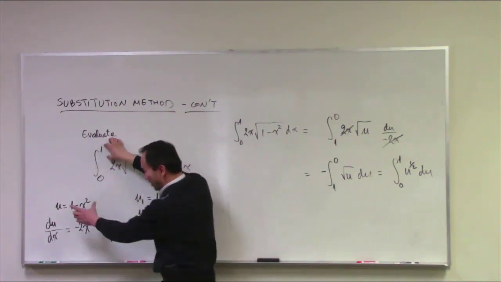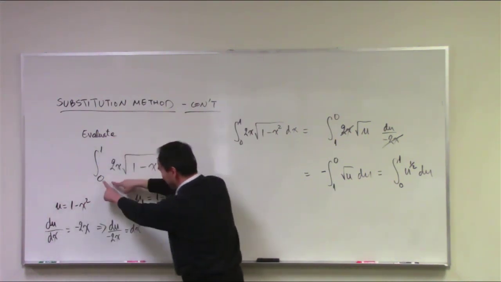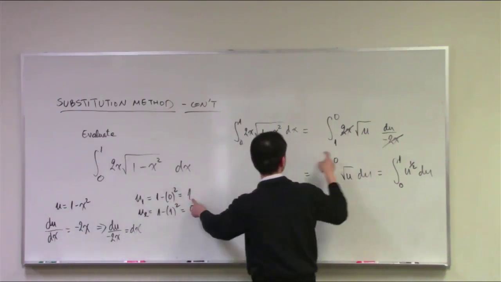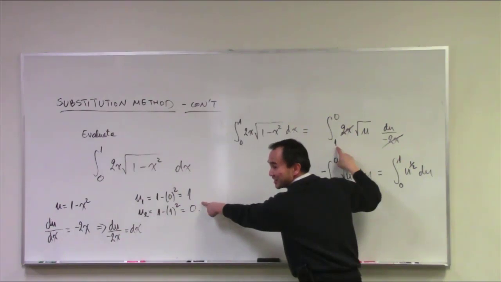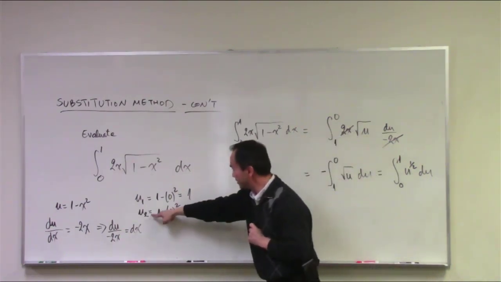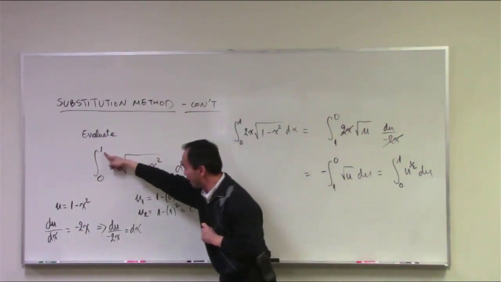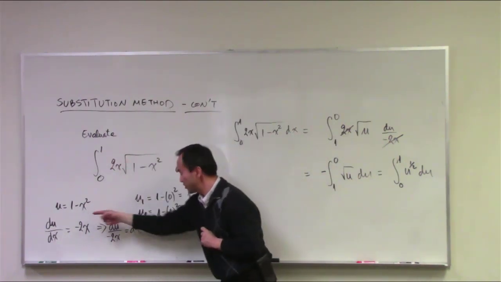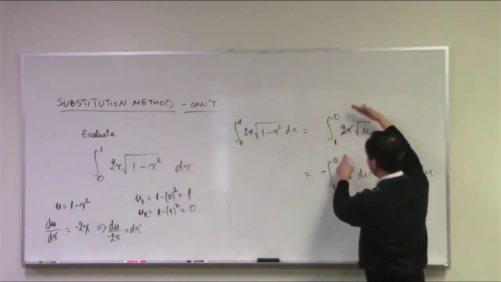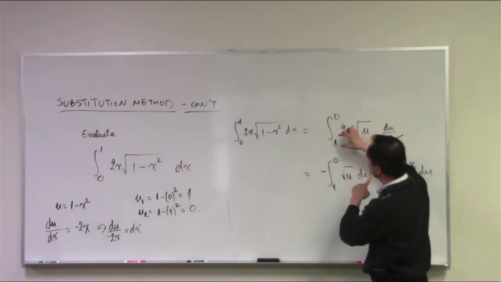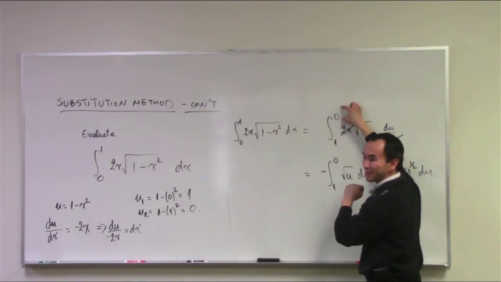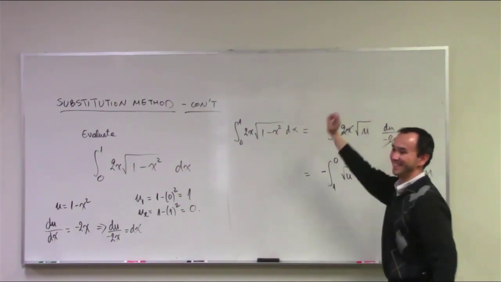Once we make that substitution, the 0 over here is equivalently 1 in terms of the u variable. You see the change there? And then the u2, where you substitute that 1 into your substitution, comes out with 0. That's why, when you put this into the interval in terms of u completely, this is the u1 right here, and that's the u2. You guys following with that? I hope I cleared that up now.